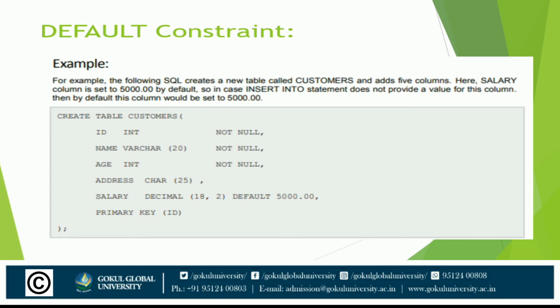Here, the salary column is set to 5000 by default. So in case the INSERT INTO statement does not provide a value for this column, then by default this column would be set to 5000. See the SQL syntax of the default constraint.